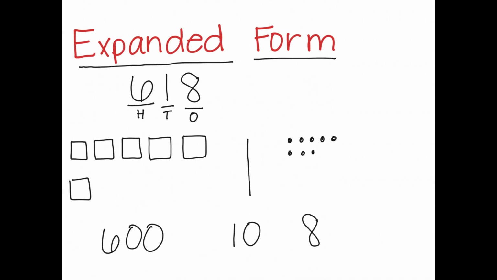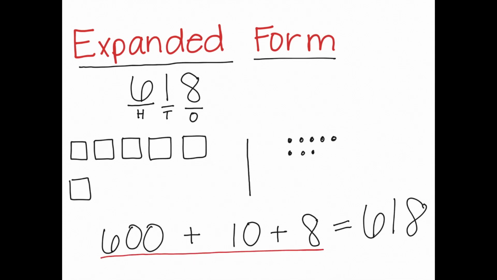So I just expanded this number. I see that 600 plus 10 plus 8 will give me 618. So this equation that I just made right here is writing the number 618 in expanded form.